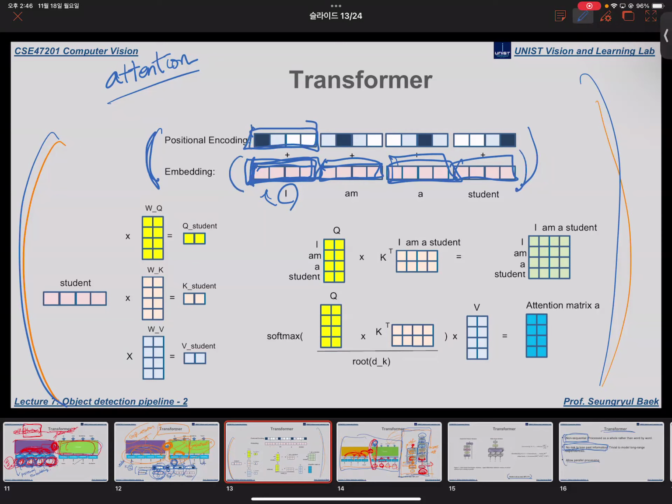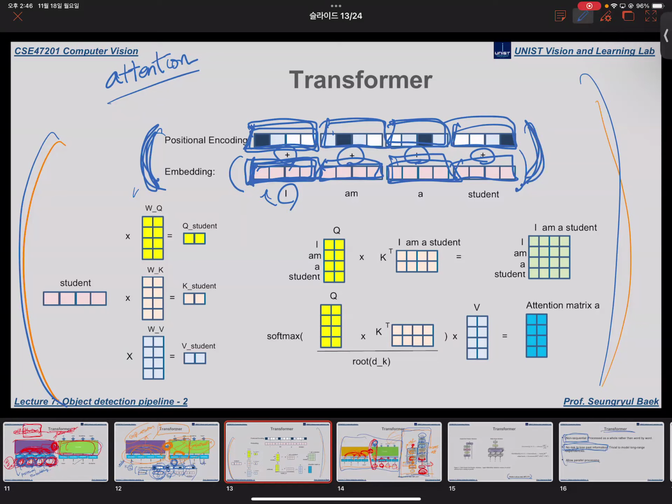So we have to have some additional scheme to differentiate their orders. Normally we make a positional encoding vector and add that to the word embedding. This is the positional encoding.